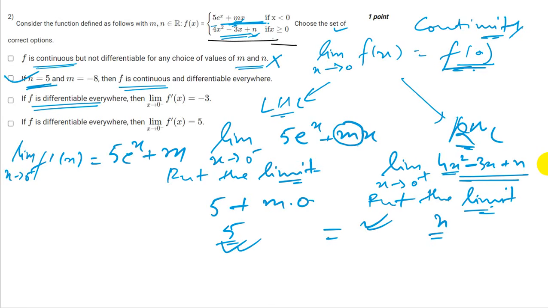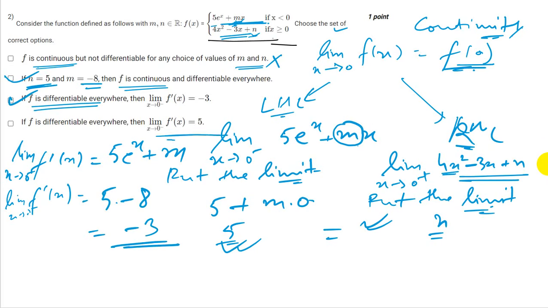Now if we put the limit, f dash x, limit x tends to 0 minus, becomes 5, because e to the power 0 is 1, and m we are having this as our value. So minus 8, so it is minus 3, so this option is also correct. And you know, this option is wrong.